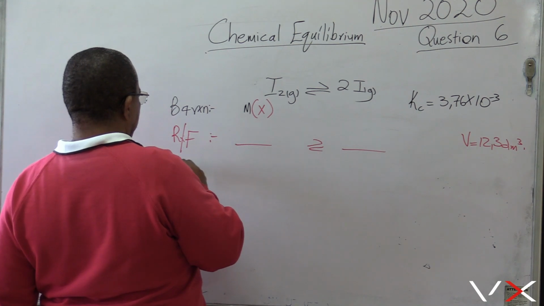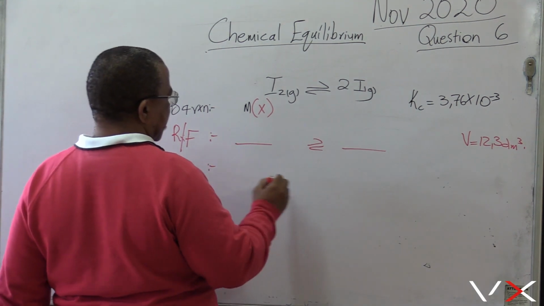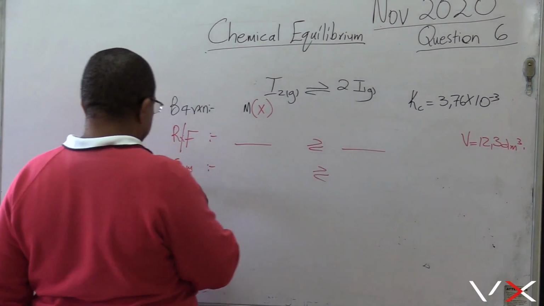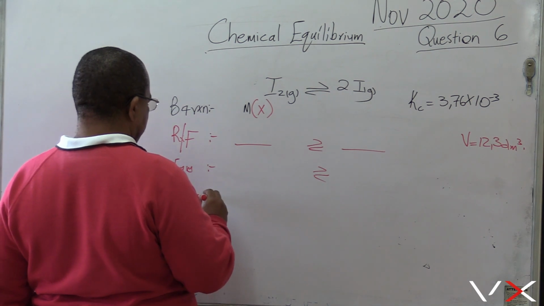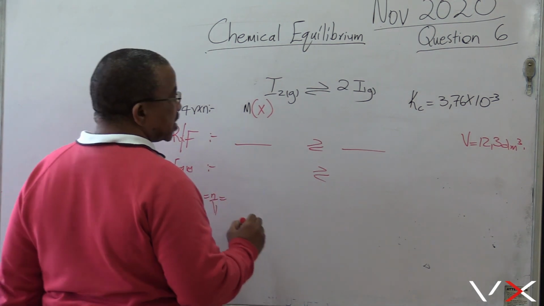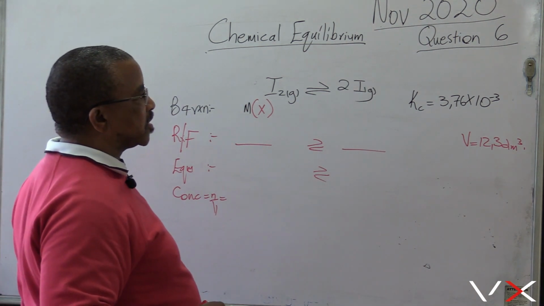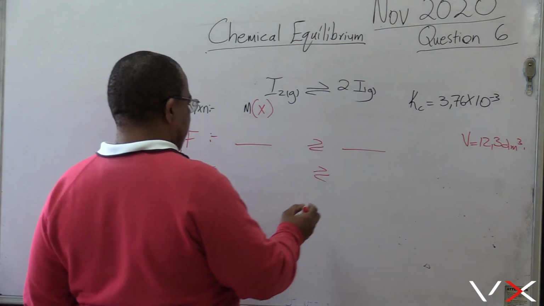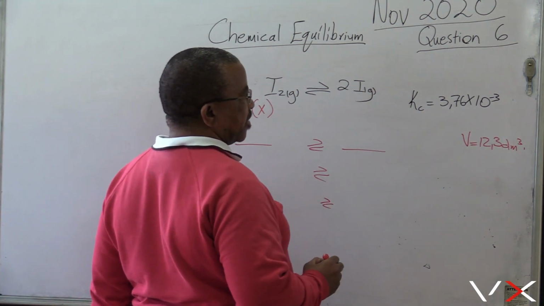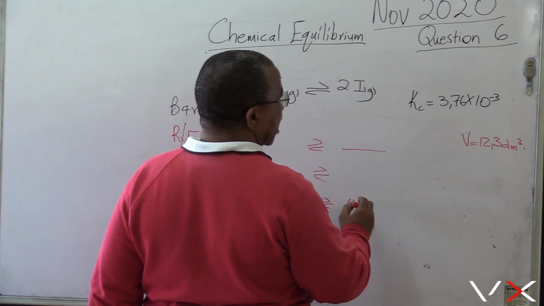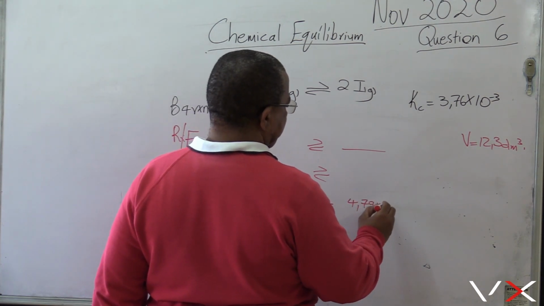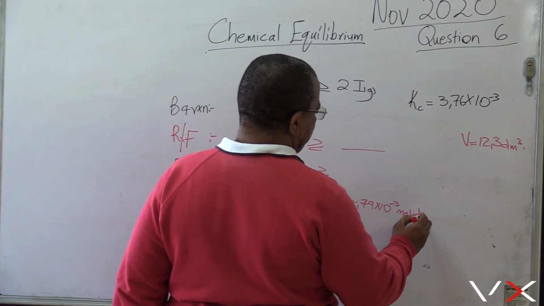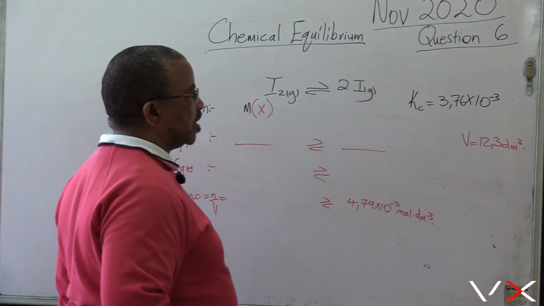So equilibrium is reached, and the concentration, in terms of number of moles over volume, the concentration of iodine atoms, which is I, is 4,79 times 10 to the power minus 3 mole per cubic decimeter.